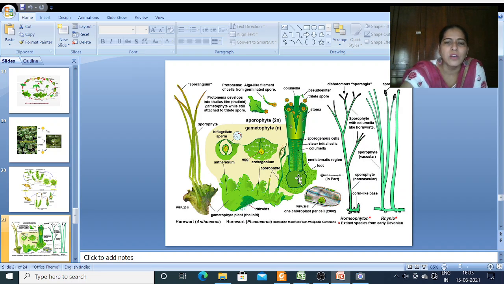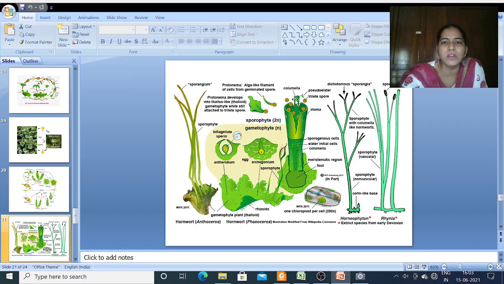This has a foot over here, and after the foot you have a meristematic region which is called the intercalary meristem. Due to this, the sporophyte grows quite long compared to the other bryophytes, and even compared to the size of its own gametophyte.